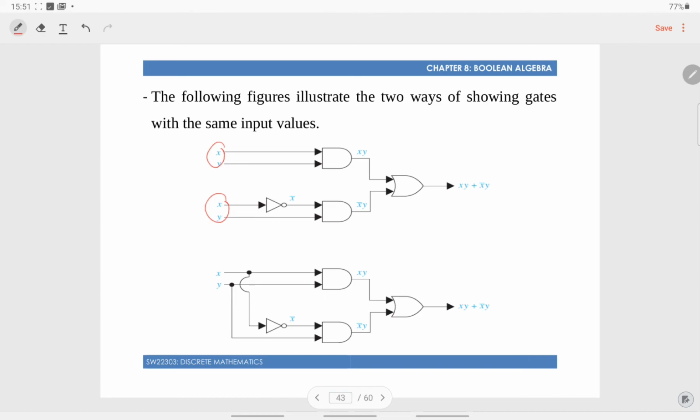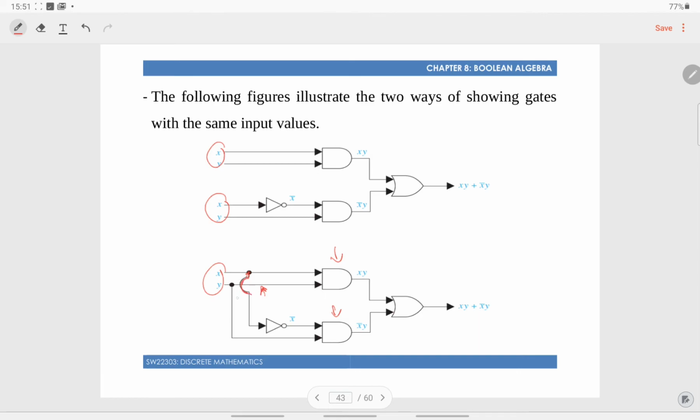Another way is using the branching. So this is the branching. We have two different gates here using the same input, so we have this branching, a black dot, and then use this sign to indicate that this line is not connected with this line.